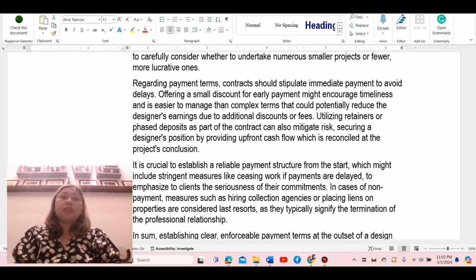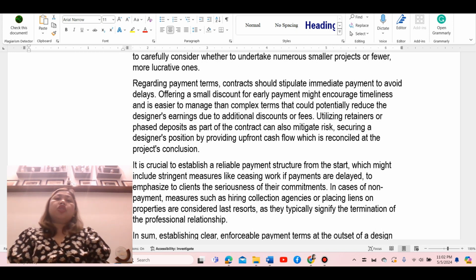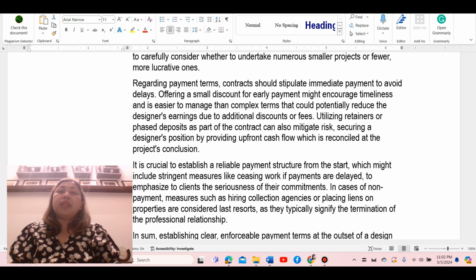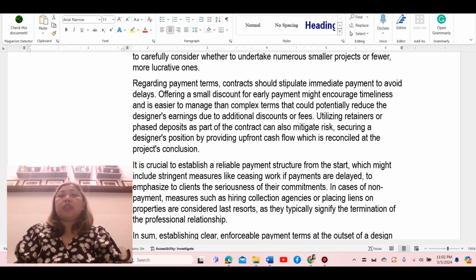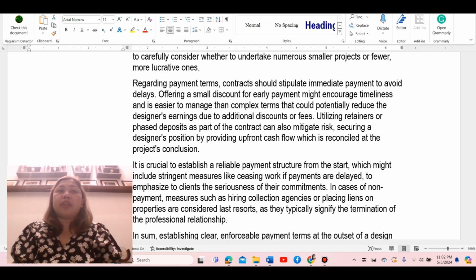Regarding payment terms, contracts should stipulate immediate payment to avoid delays, offering a small discount for early payment, which might encourage timeliness and is easier to manage than complex terms that could potentially reduce the designer's earnings due to additional discounts or fees.